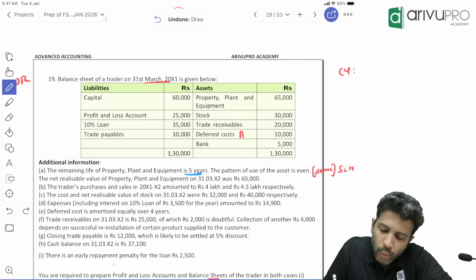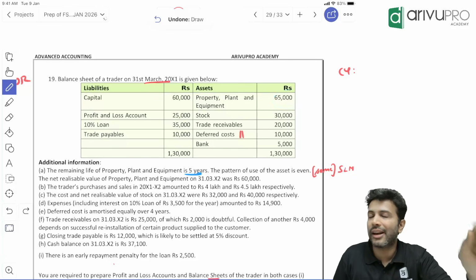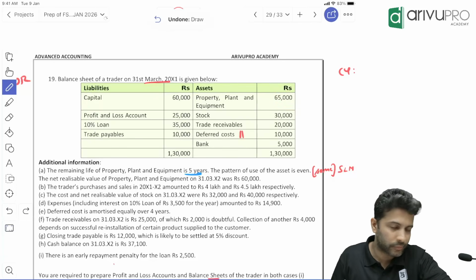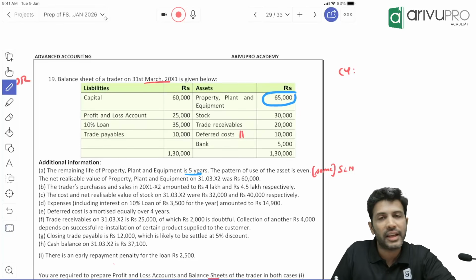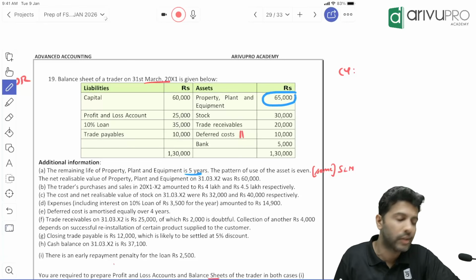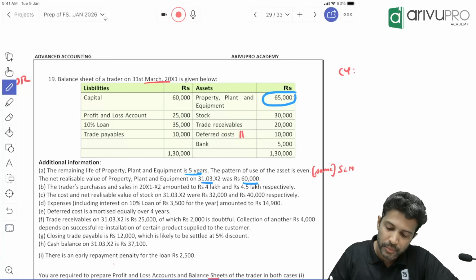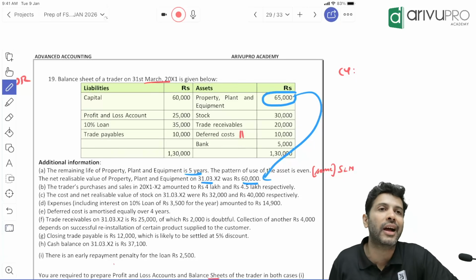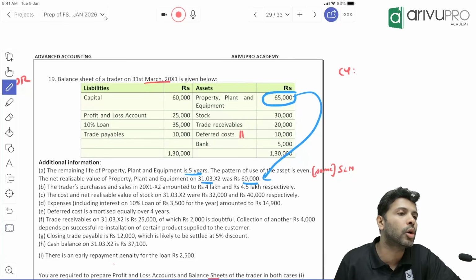Currently, what is PPE ka value? Last year ka closing balance will become current year ka opening. So PPE is shown in our books at 65. If entity is not a going concern, can you show it at 65 or realizable value? At the end of the year, what is realizable value? 60. That means from 65, you need to bring the asset down to 60.